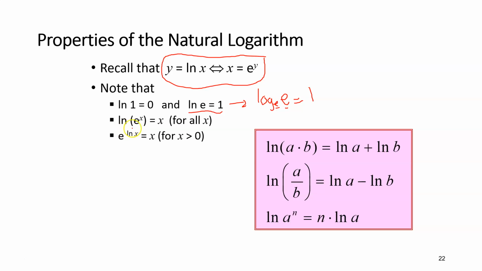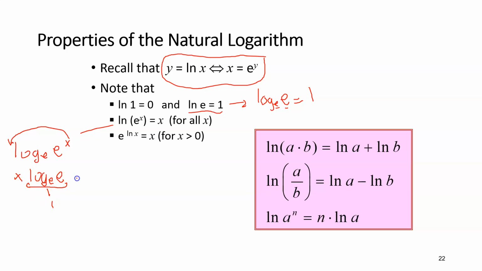And then you have ln of e to the power x, of course you will get x only. Kenapa? Sebab you have like this. Ln is actually log base e, right? So you have log base e of e to the power x. This x you can bring to the front. So you will get x log base e of e, but this one is actually equal to 1.